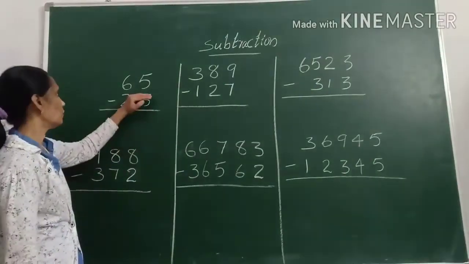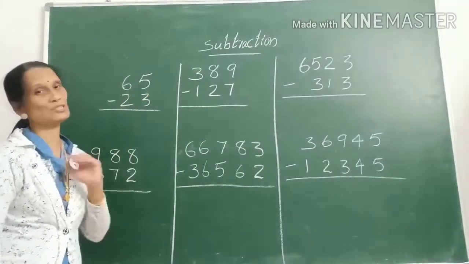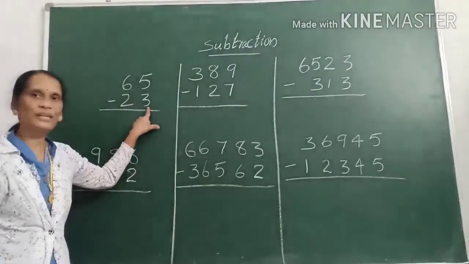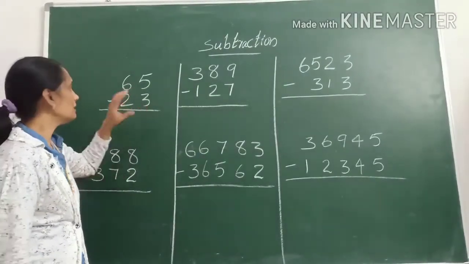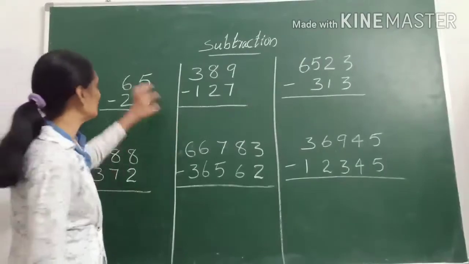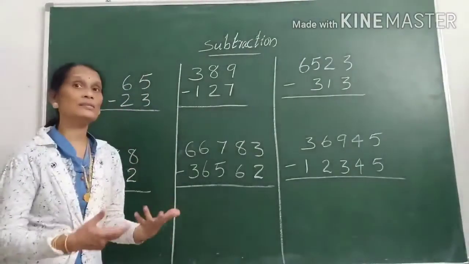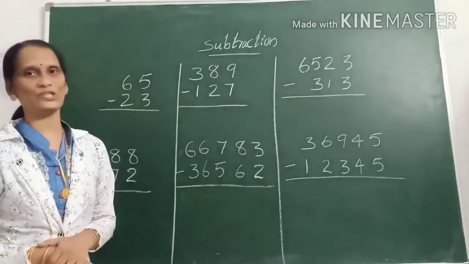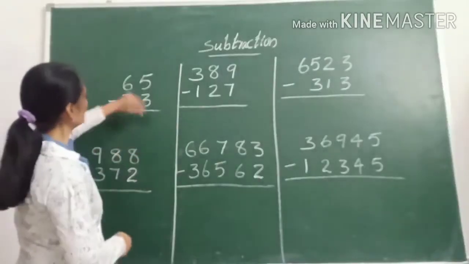Okay, now let us go for 65 minus 23. So you have to say the addition table of 3 here. It is better than thinking, oh, 5 minus 3, how much? No need to think of that sort. Think in this way.